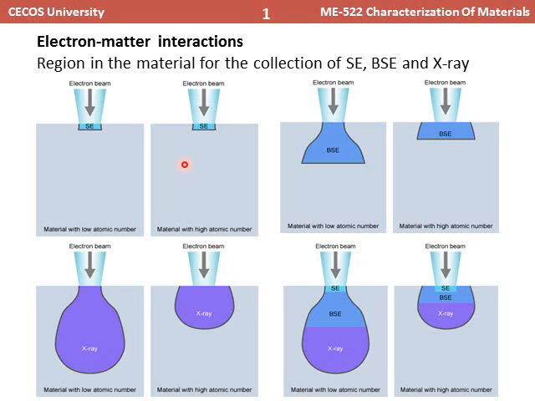You can imagine that if the high energy beam interacts with matter composed of low atomic number, meaning the smaller nucleus, then the depth of penetration will be much more as compared to the specimen comprised of high atomic number, because in case of high atomic number, the bigger nucleus will be a big hurdle for this high energy electron to penetrate the specimen.